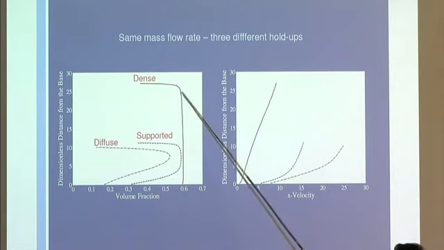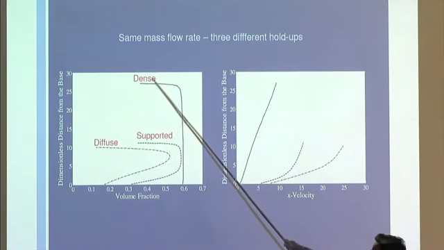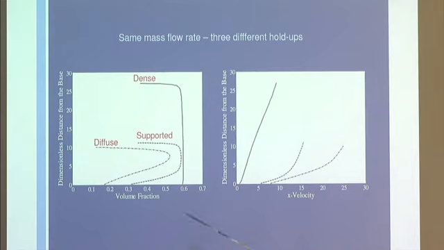And then you have a dense flow, so it's entirely dense, even at the bottom, except for close to the free surface, of course, where you have a decrease in the volume fraction. So qualitatively, this is how I define the three different flows. And this is for the flow velocity.